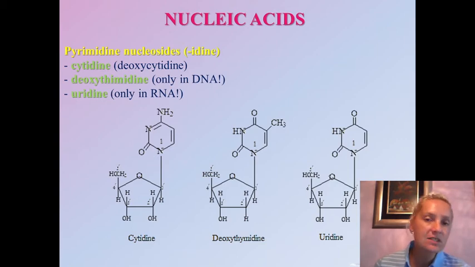So from cytosine we have cytidine or deoxycytidine. Then we have only deoxythymidine because it can be found only in DNA molecules, and uridine, only uridine with ribose in the structure, because it's found exclusively in RNA molecules. This figure at the bottom of the slide represents the structures of those pyrimidine nucleosides.